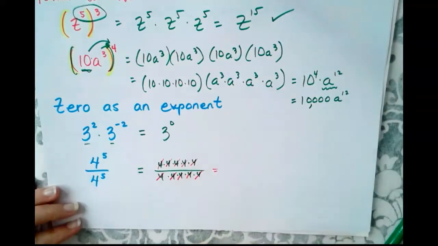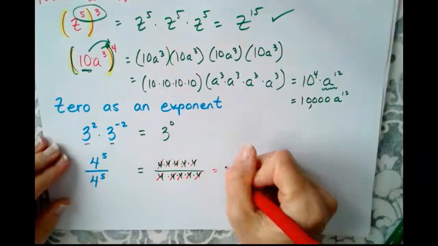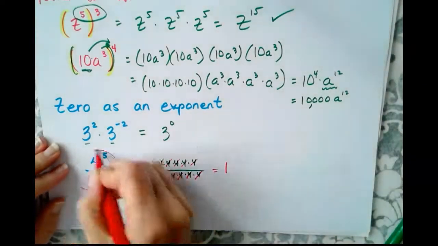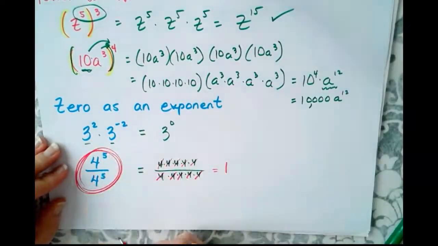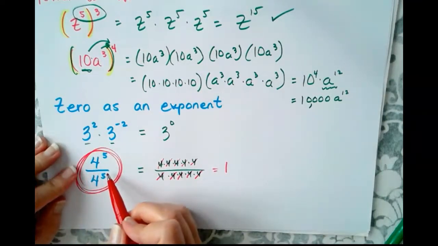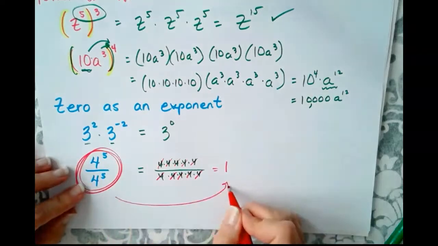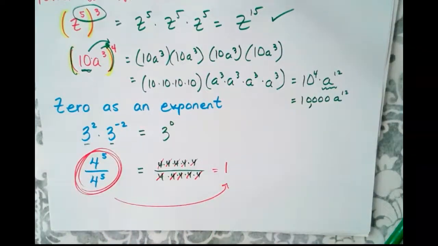If everything cancels, is it just gone? No, it's equal to 1, which hopefully was obvious all the way back here because this is 4 to the fifth being divided by itself. And any number divided by itself is going to be 1.